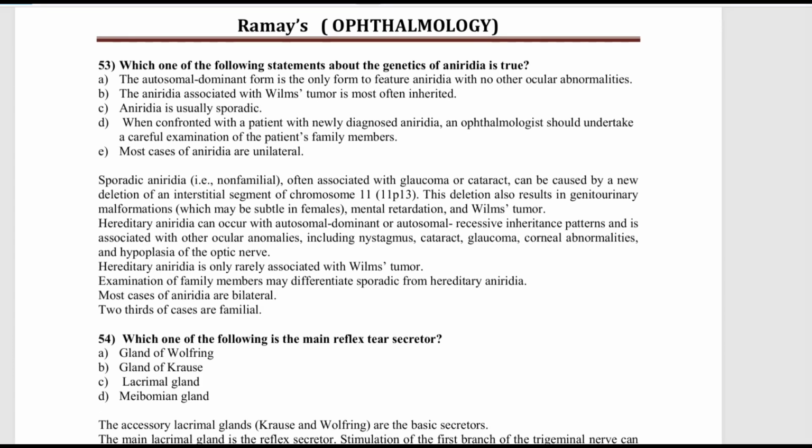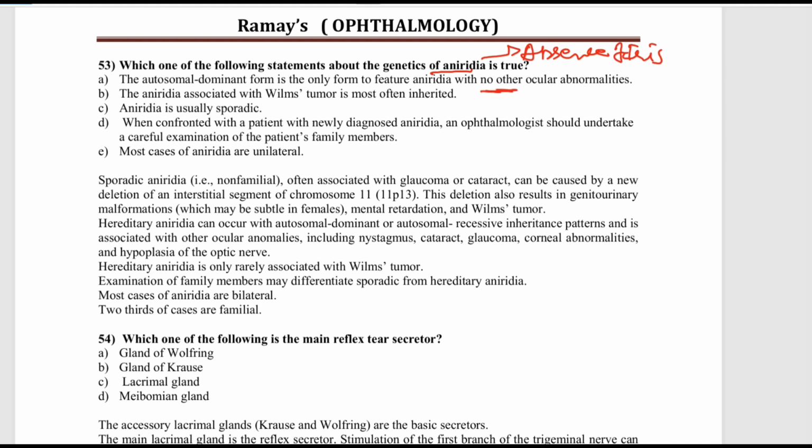So our next question is, which of the following statements about the genetics of the aniridia is true? Aniridia means absence of iris, or very little iris tissue. Which of the following is true? The autosomal dominant form is the only form to feature the aniridia with no other ocular abnormalities.